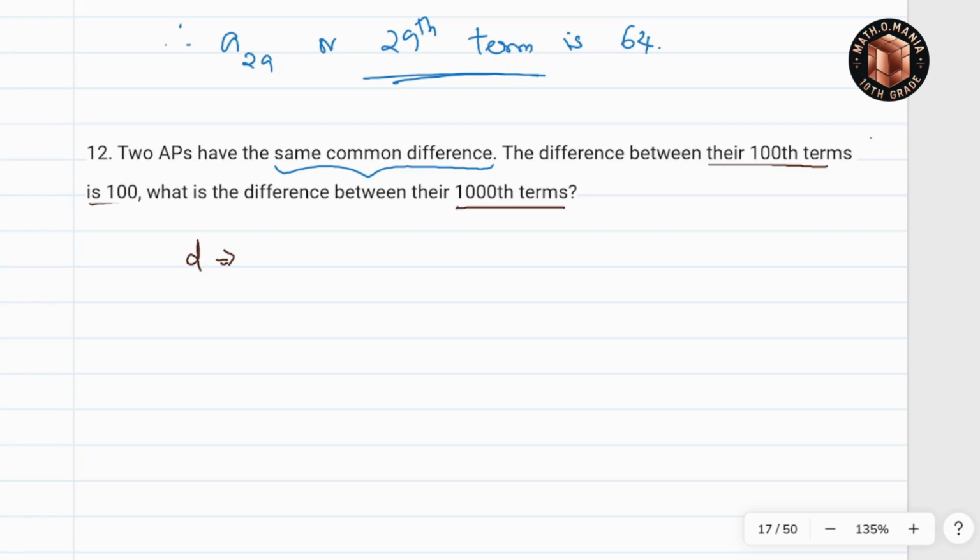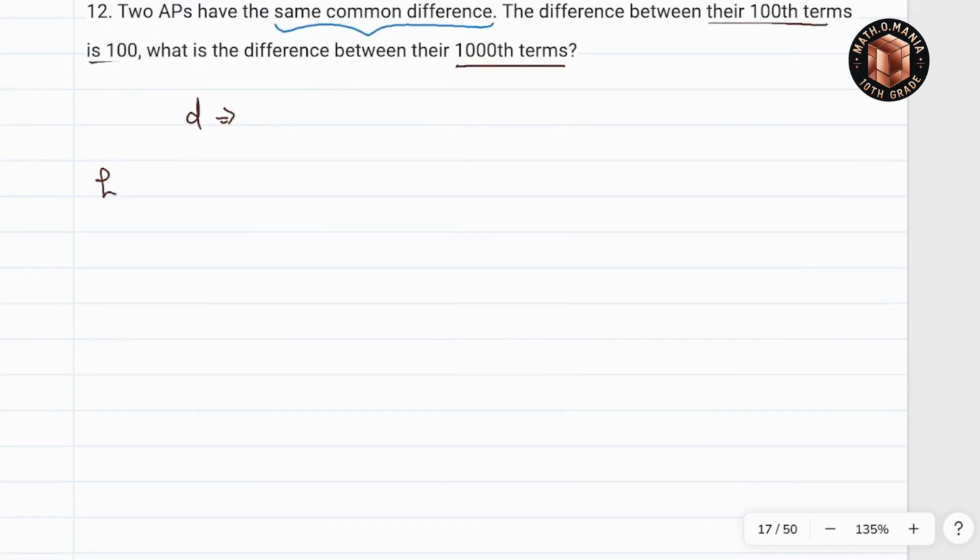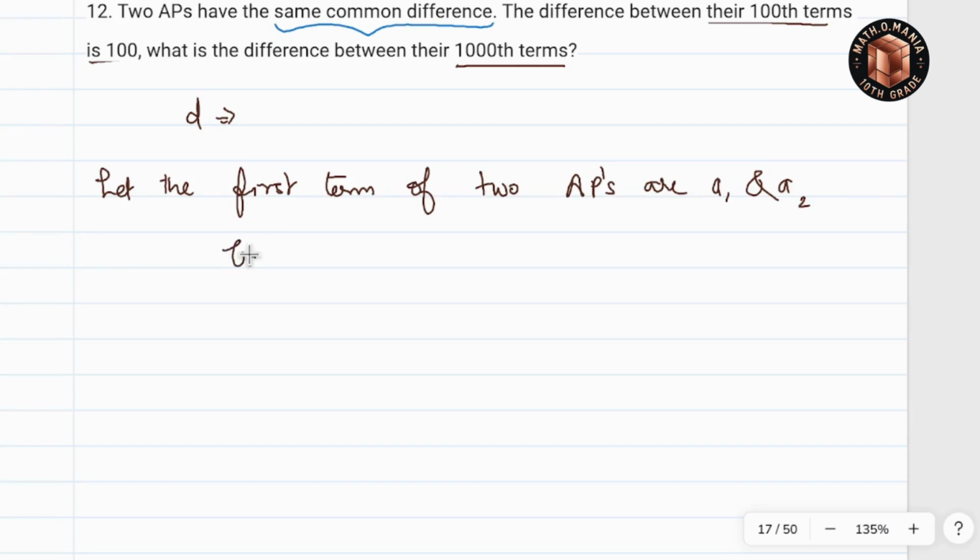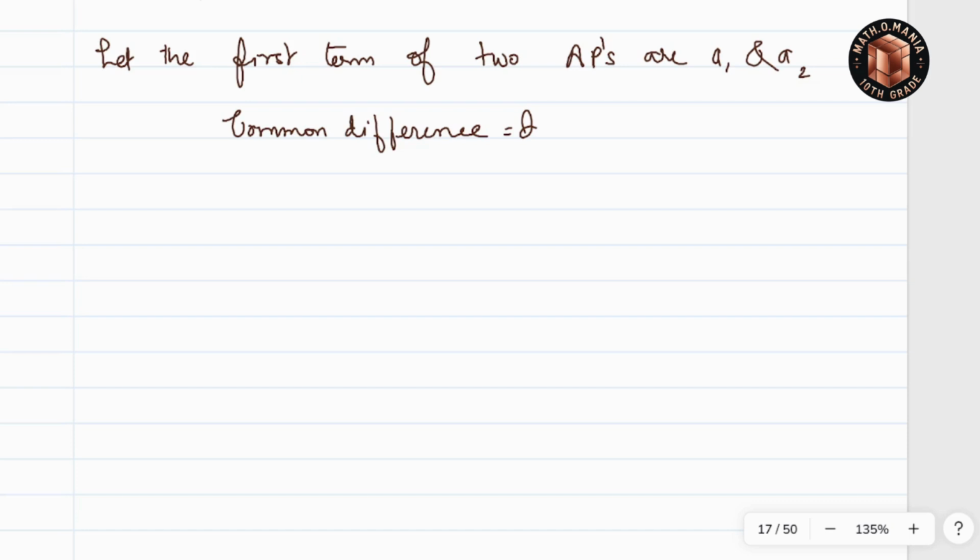They are telling there are two different APs. Let me first write it here. Let the first terms of the two APs be A1 and A2, and their common difference is D. Therefore, I can write the first AP as A1, A1 plus D, A1 plus 2D, A1 plus 3D, and like that it goes on.